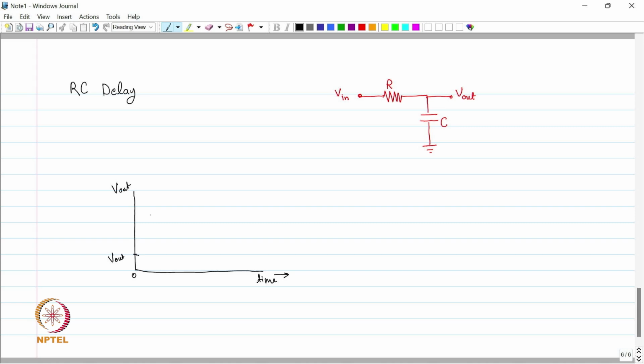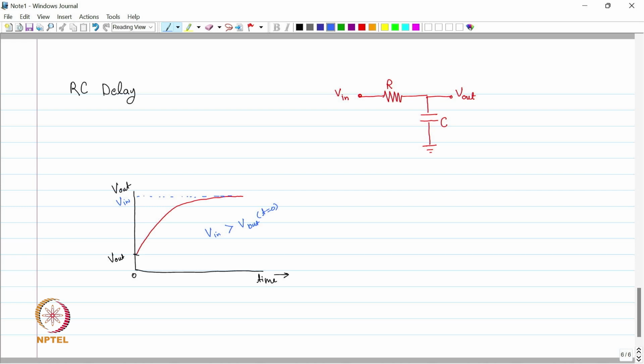Now we apply a high input at V in, and my circuit responds to this. My output voltage rises like this, and it saturates to a certain value which is V in. So this is the case when V in is higher than V out at t equal to 0.